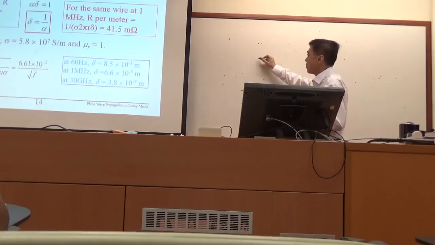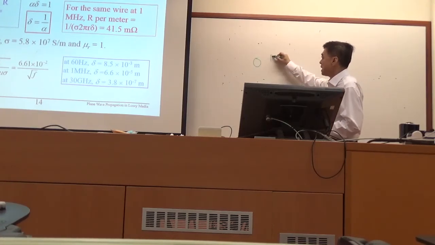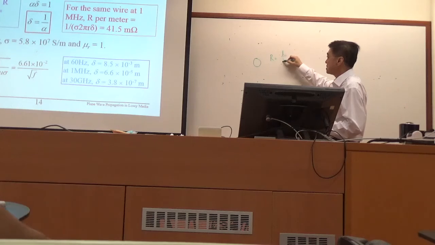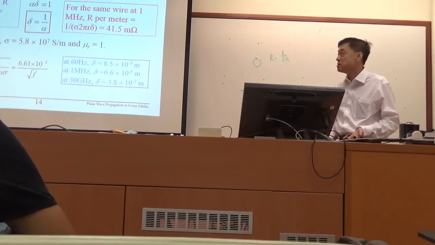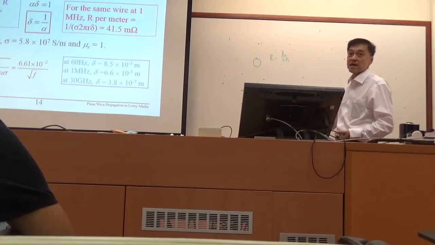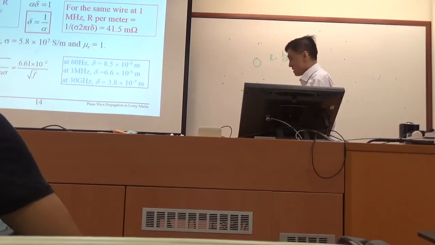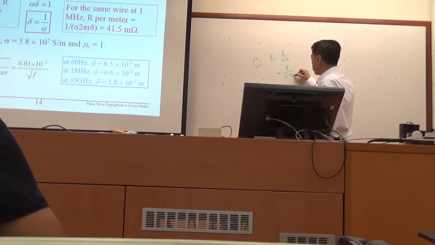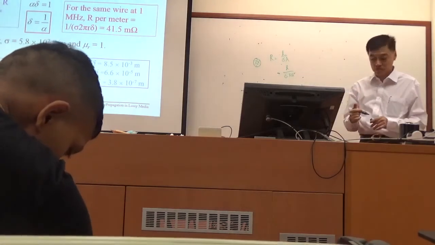The resistance of a resistor, R, is equal to L over sigma A. Per unit length, as an example, this is L over sigma pi a squared, where A is the cross section of the current flow.